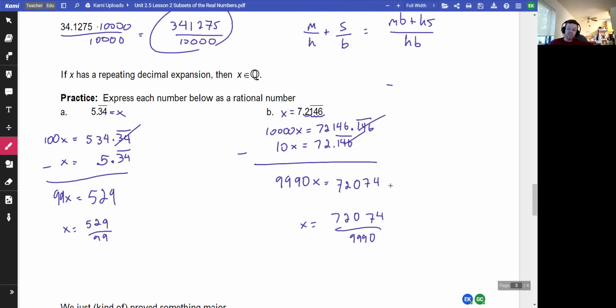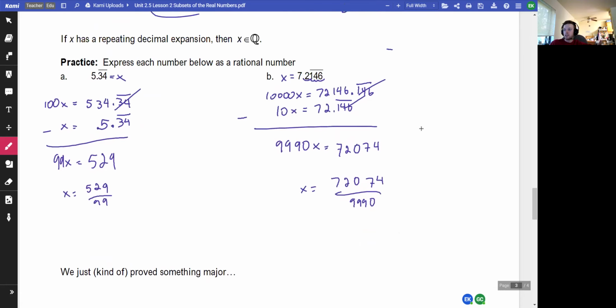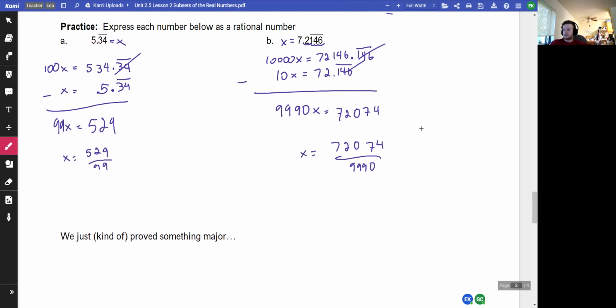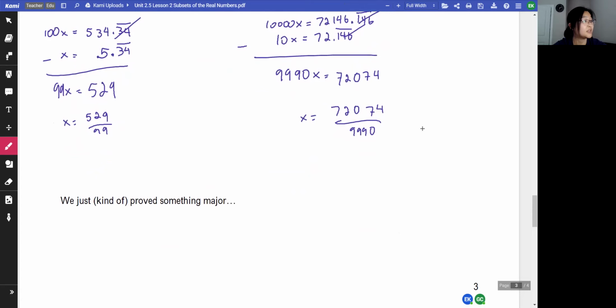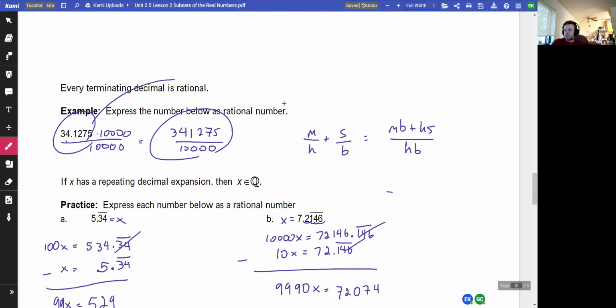We just showed something major, right? What did we just show? Any terminating or non-terminating but still repeating decimal. And terminating is like repeating, right? What would this be as a repeating decimal?